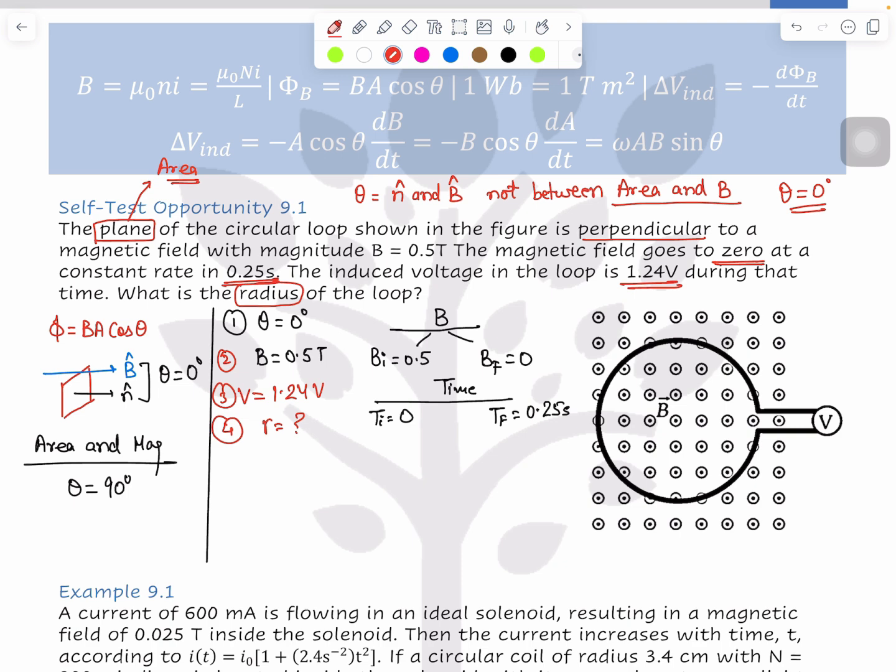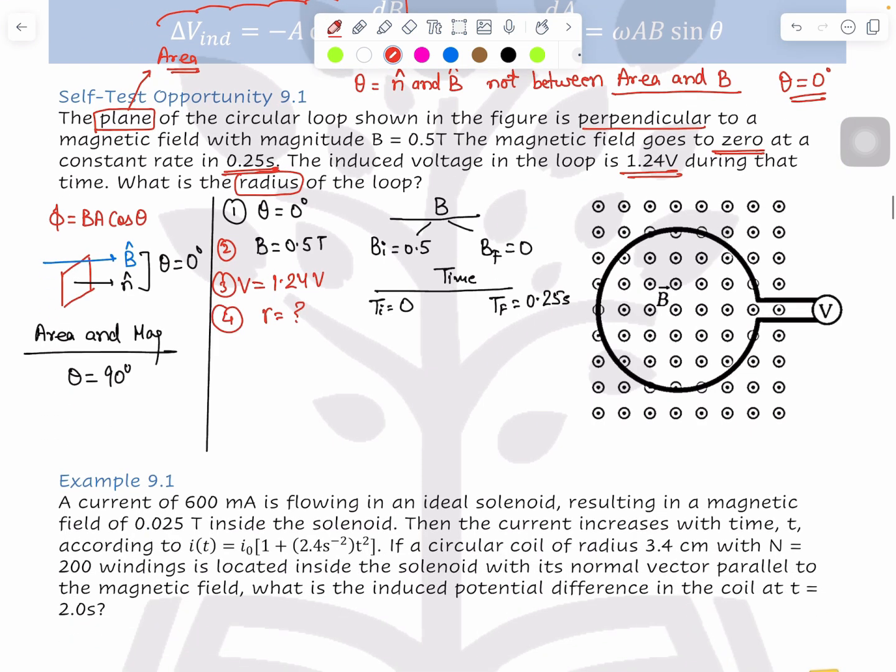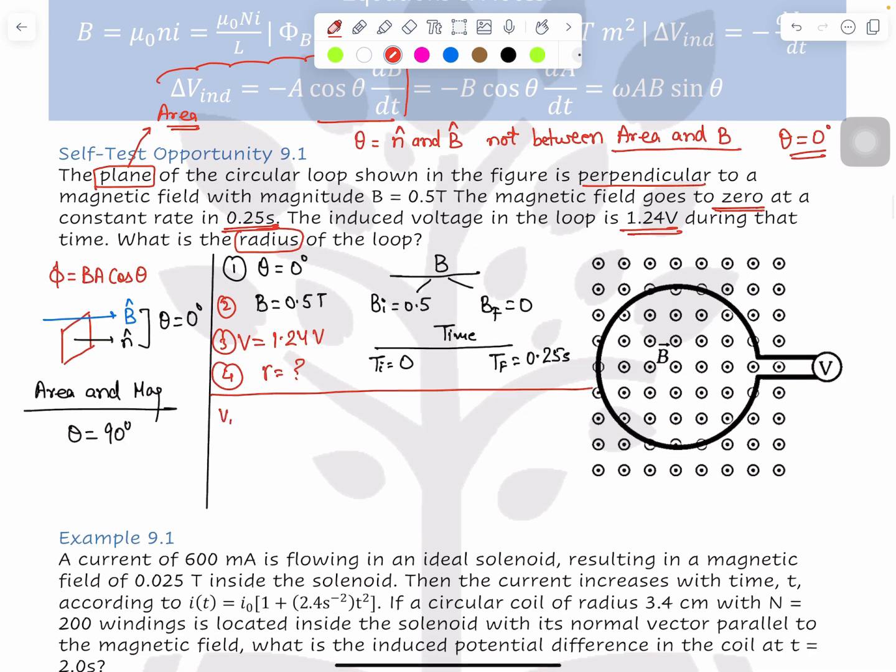First, what is the formula we are going to use? Magnetic field is changing? Yes or no? So we are going to use this formula. Okay, I need to use the space carefully now. V induced is equal to negative A cos theta dB by dt.